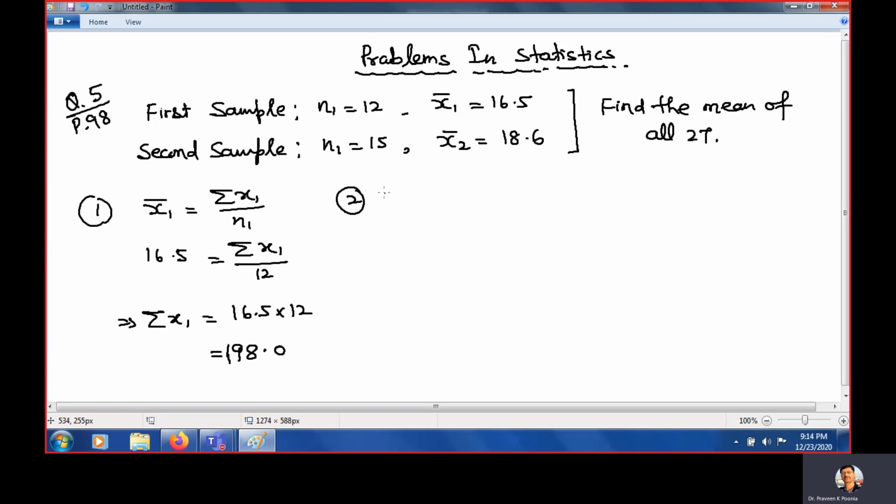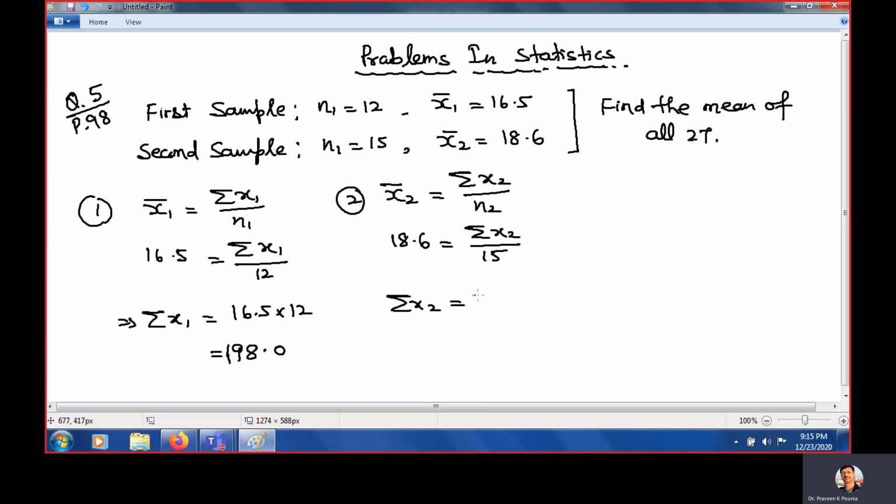If we talk about the second one, the mean of x2 is given by the formula sigma x2 upon n2. The mean here is 18.6, and n2 is 15. So what is the value of sigma x2?